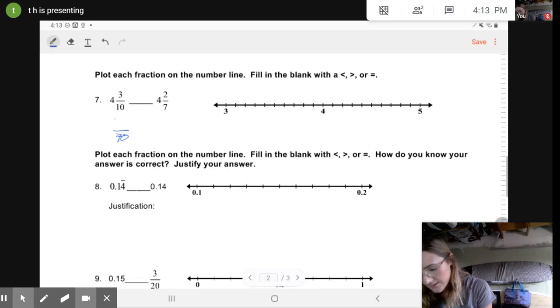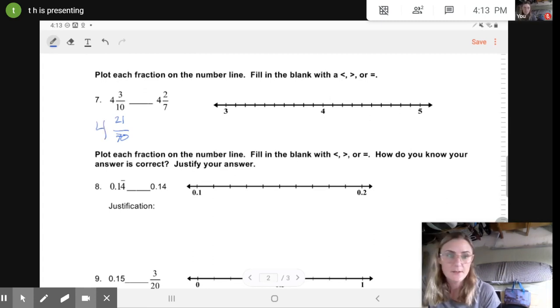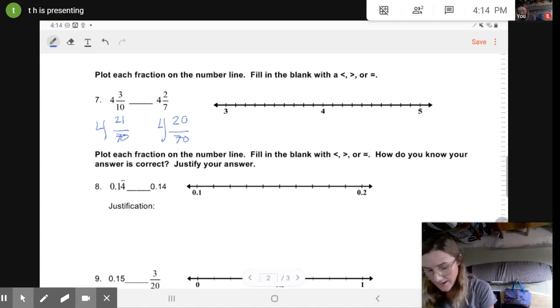So 3/10 could also be written as 21 over 70. So this is 4 and 21/70. And then this other one is 4, and if I'm going to try and get the bottom to equal 70, I have to multiply that 7 by 10, which means I have to multiply that 2 times 10. So this would be 20/70. And now it's a lot easier to see. I have 4 and 21/70. That's greater than.